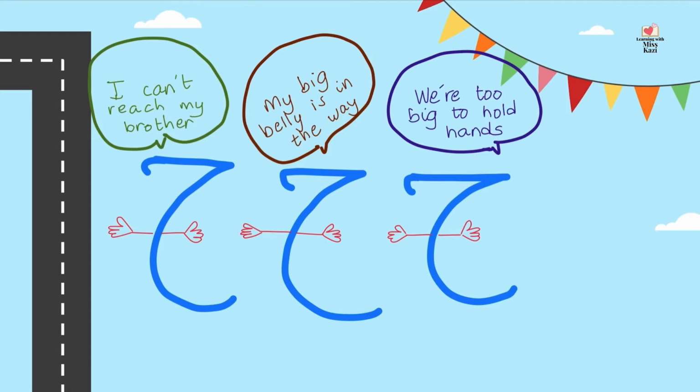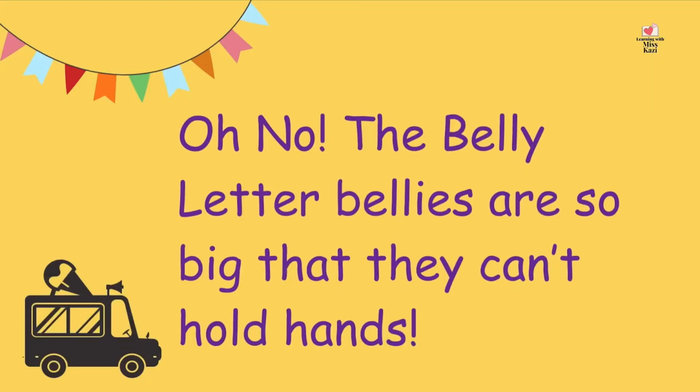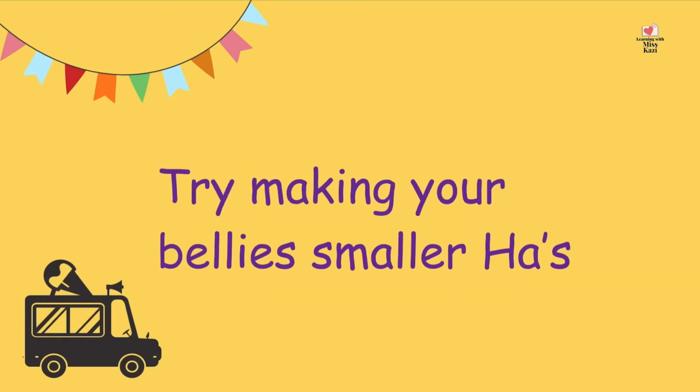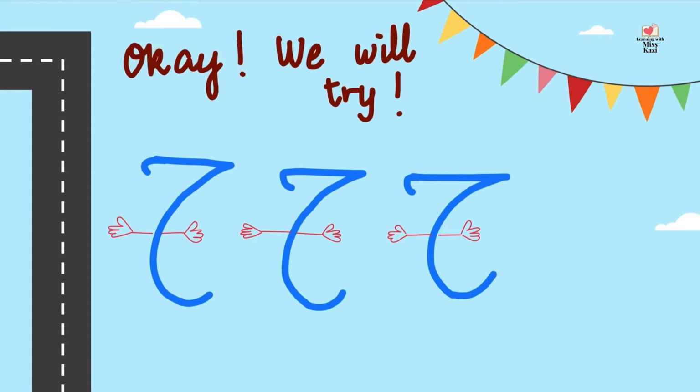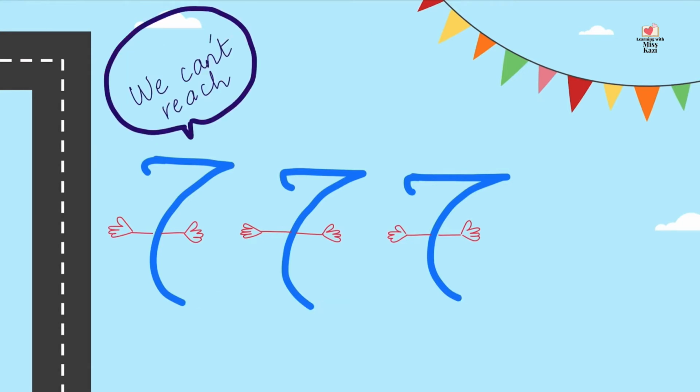I can't reach my brother. Oh no, the belly letters' bellies are so big that they can't hold hands. Try making your belly smaller, huh? Okay, we will try. We can't reach.